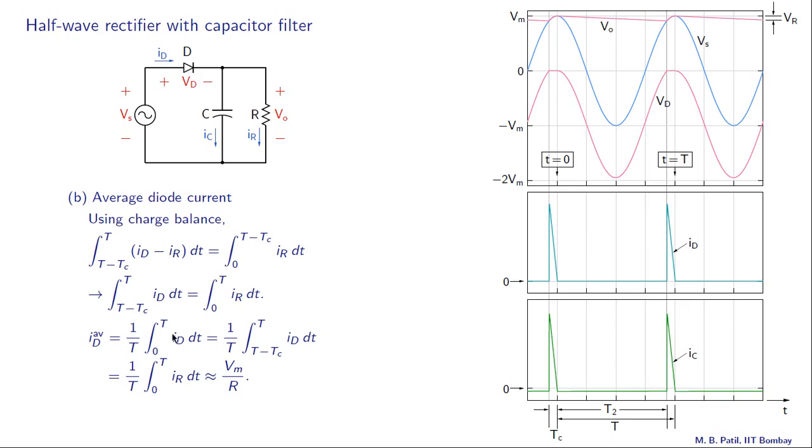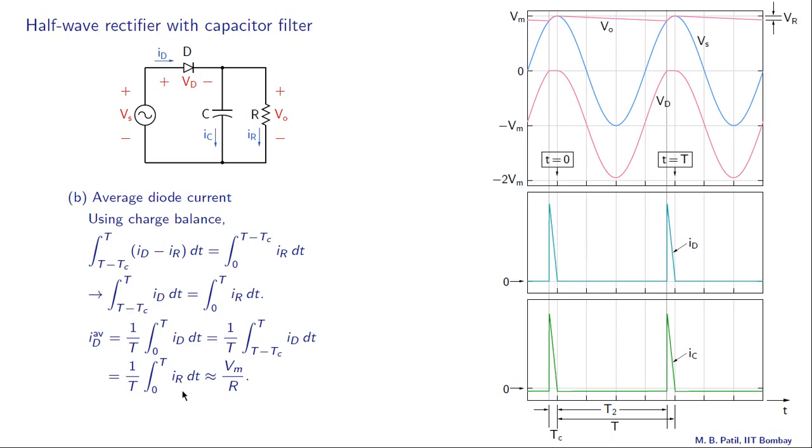It is simply the integral from 0 to T ID dt, and 0 to T essentially means T minus Tc to T, because the diode does not conduct in this other interval, and that we need to divide by the period T. So that is what we get, and since this and that are equal, we get ID average equal to 1 over T integral IR dt over 1 period.